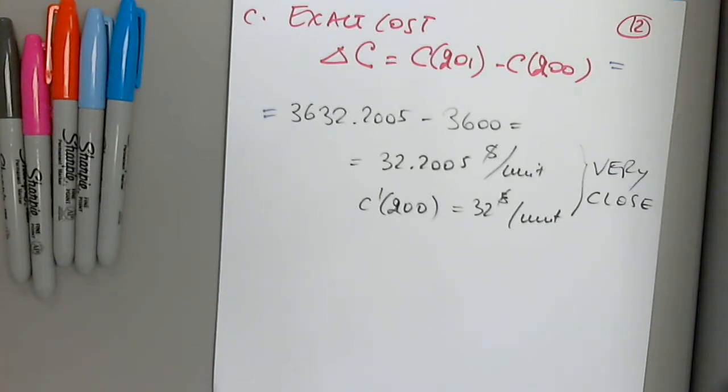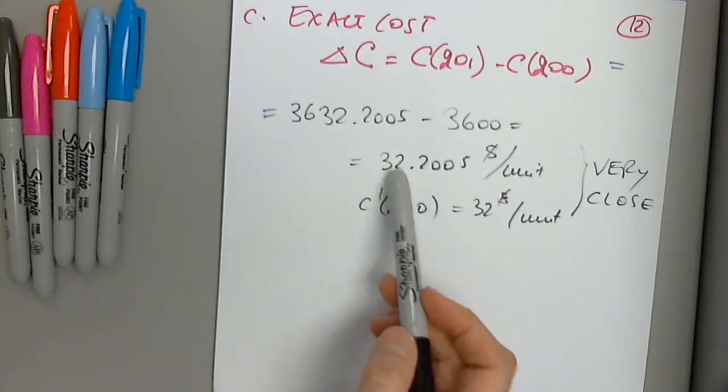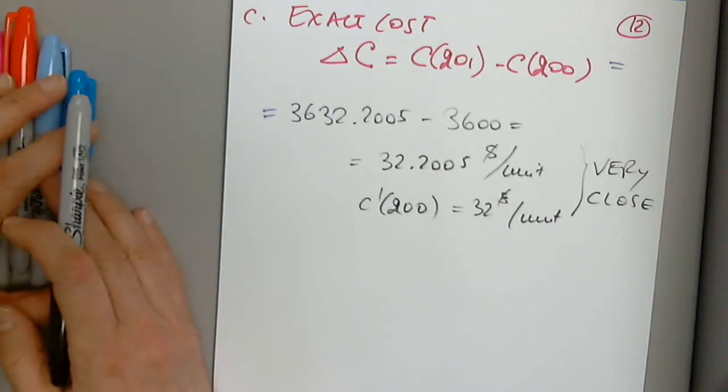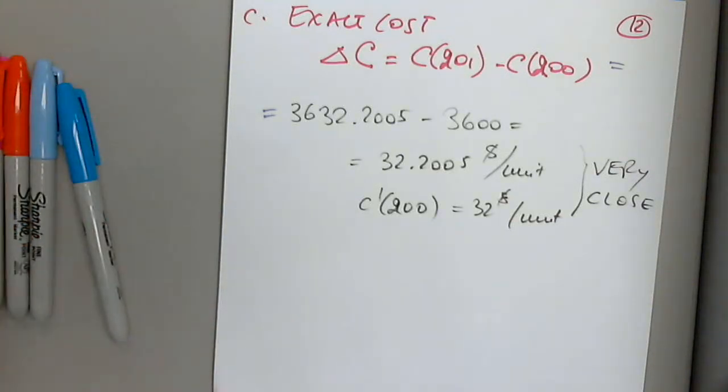No, you just have to say they're very close. That's good enough. For the final answer, we got 32.2005. You just have to say that these two numbers are very close to each other. You don't subtract. No, we're not looking for an overestimated or underestimated number.